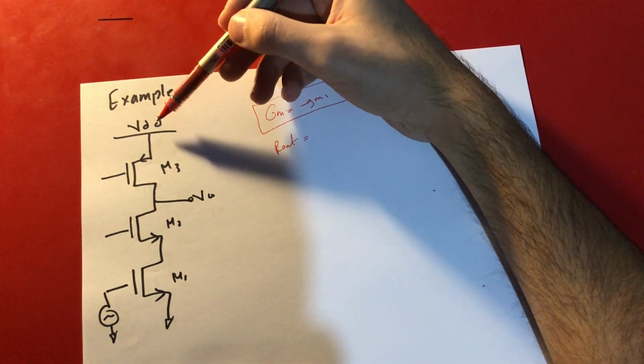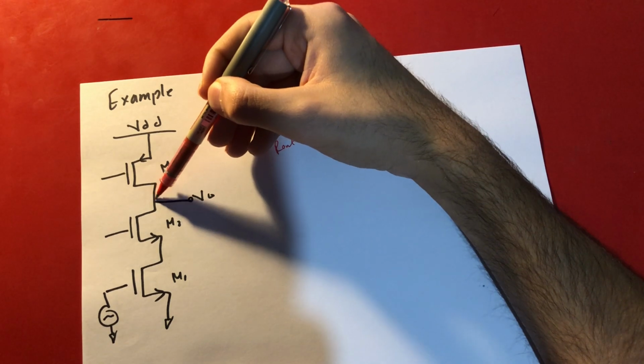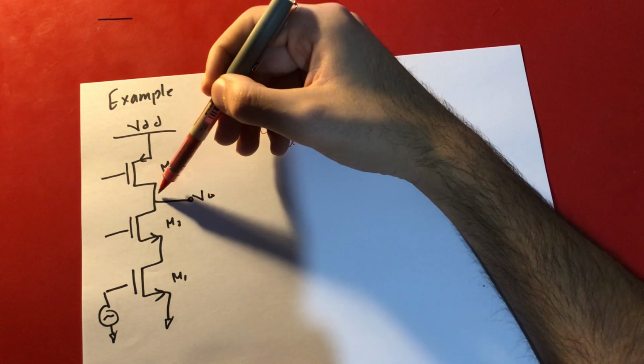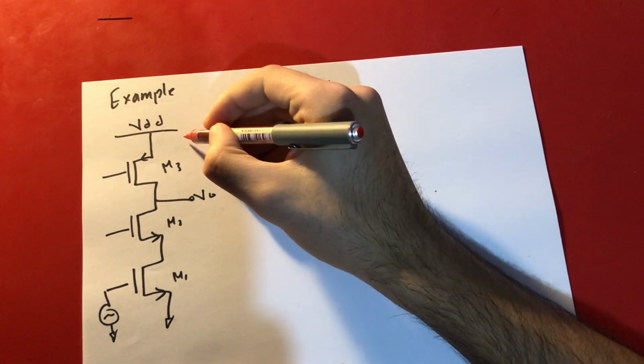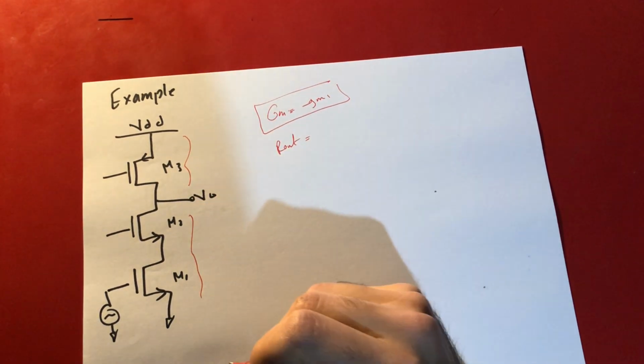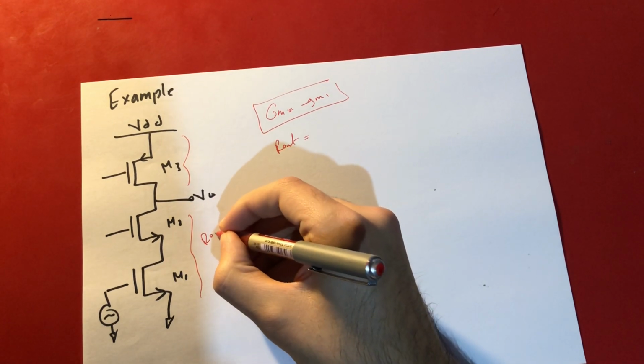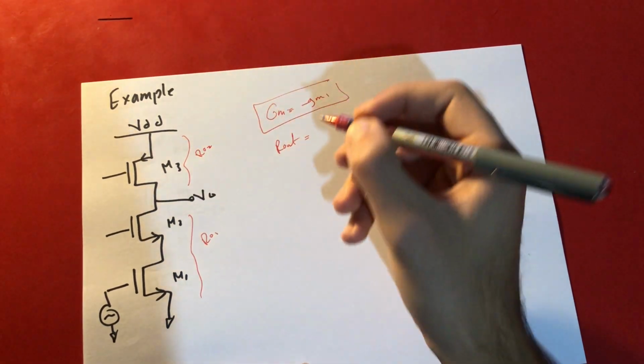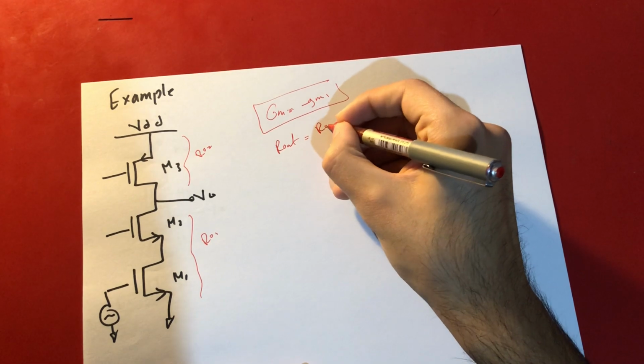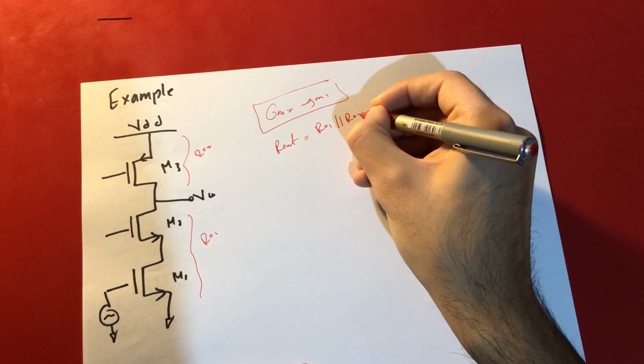So this VDD becomes ground. So from this node, we can clearly see that this part here is parallel with this part here, right? So let's say this is RO1, this is RO2, right? So R out is just RO1 parallel with RO2.